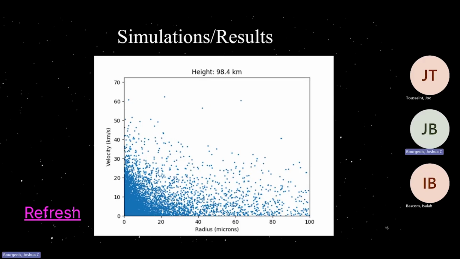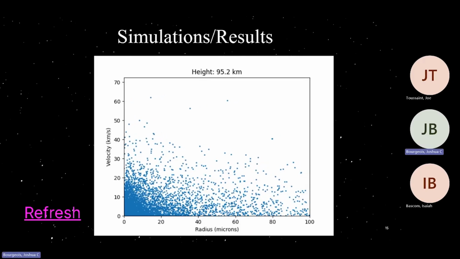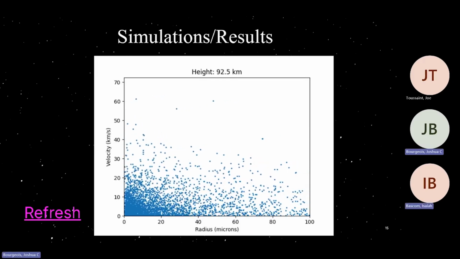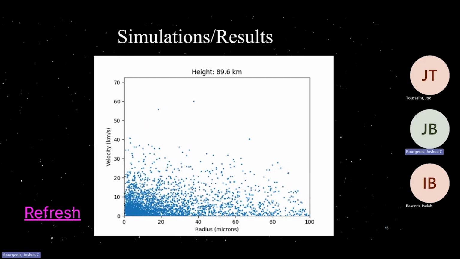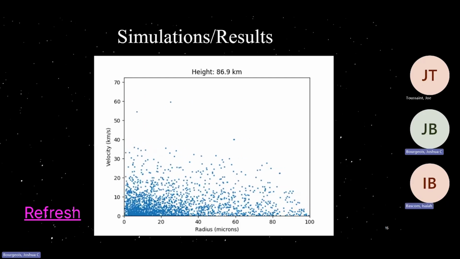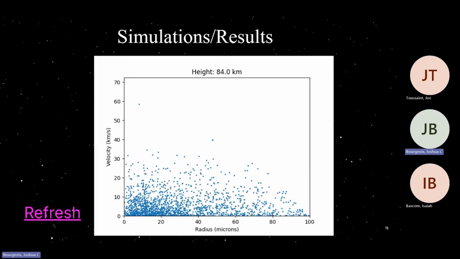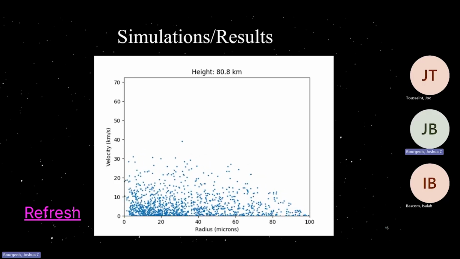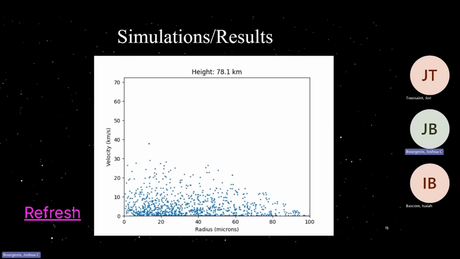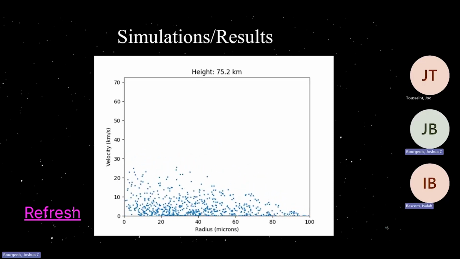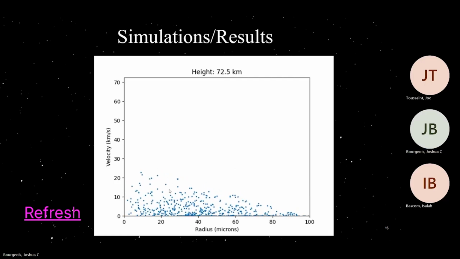Here is our simulation. As you can see, we have, I believe, rendered 10,000 molecules, and as they approach the origin, it represents that their radius is decreasing as well as their velocity. And as you can see, at a certain point, they just kind of disappear off the graph, which we later explain.